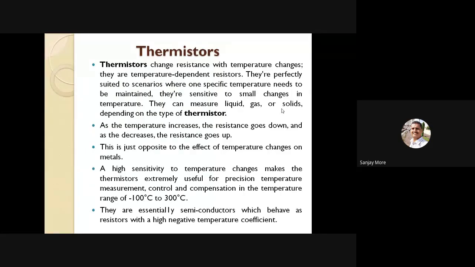They are temperature dependent resistors. Full stop. Next line.